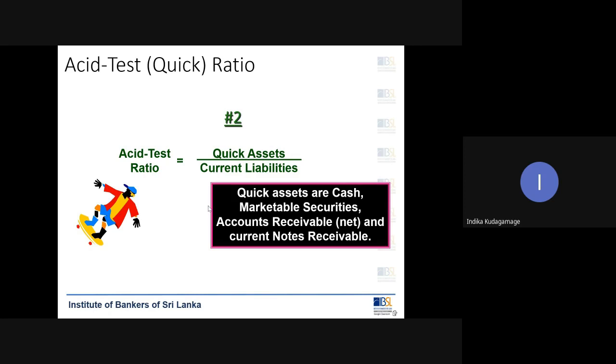Because inventory has been taken out. But if you have a current ratio which is 5 times or 4 times, what does that indicate? That indicates inefficiency of the management.